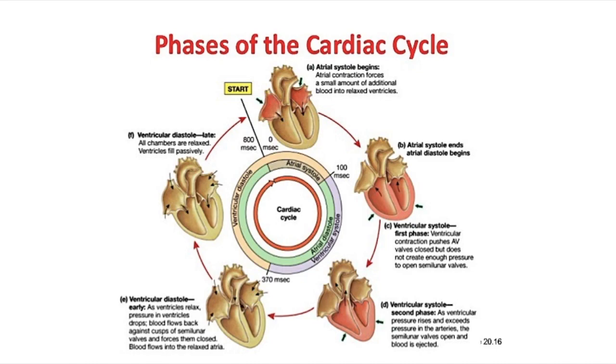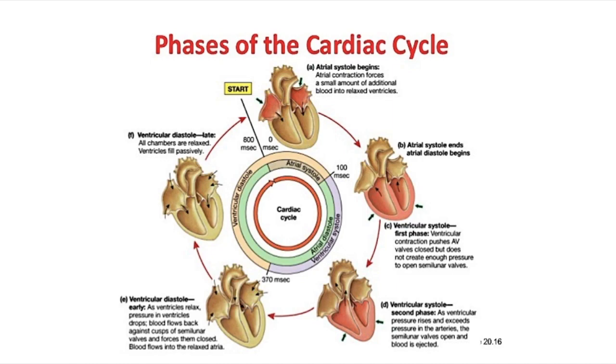So these two events are happening simultaneously: the superior and inferior vena cava are bringing the deoxygenated blood into the right atrium, while the pulmonary veins are bringing the oxygenated blood into the left atrium.